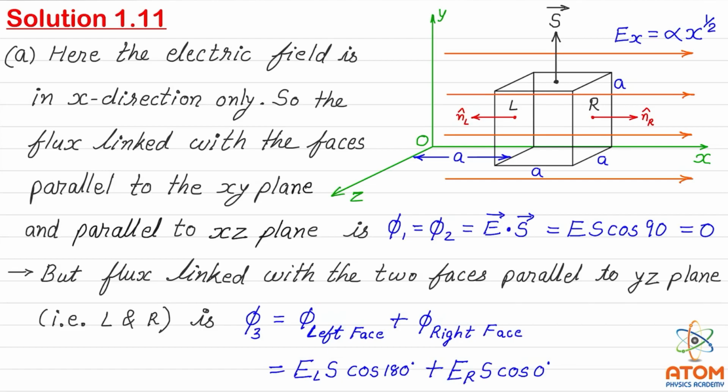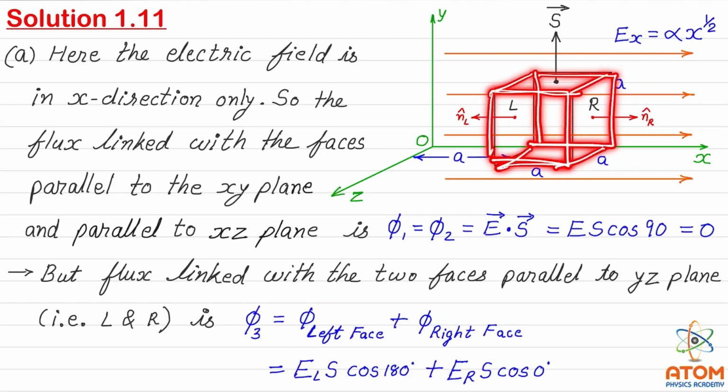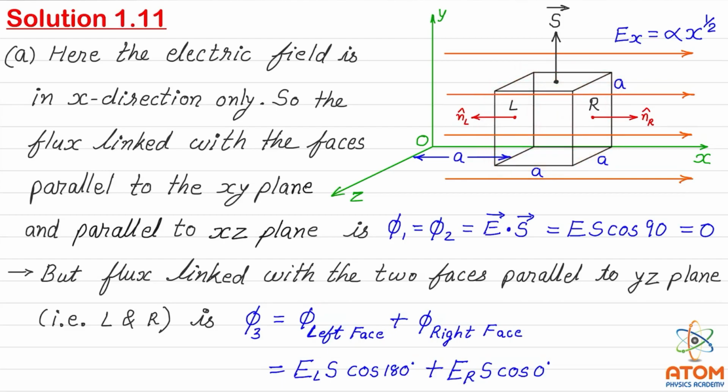Now, what is special about these faces? We are talking about these four faces. First of all, make this clear: the front face, the backward face, the bottom face, and this one, the top face. Now, if we discuss the top face, then the area vector, that is vector S, is perpendicular to the electric field, you can see.